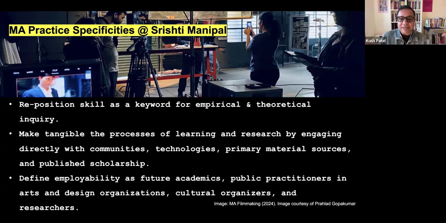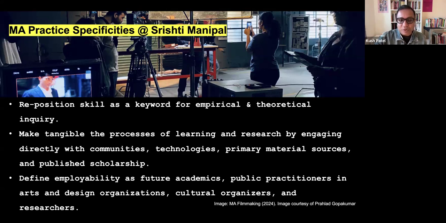And then what does employability mean with an MA? So traditionally, MA is a useful stepping stone into pursuing a PhD or seeing oneself in much more of an academic or scholarly careers. But here we are also expanding the idea of employability to build public practitioners in arts and design organizations, as cultural organizers, and as researchers.